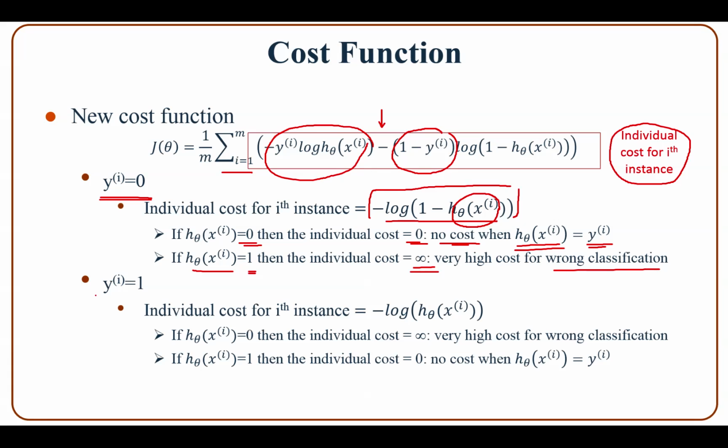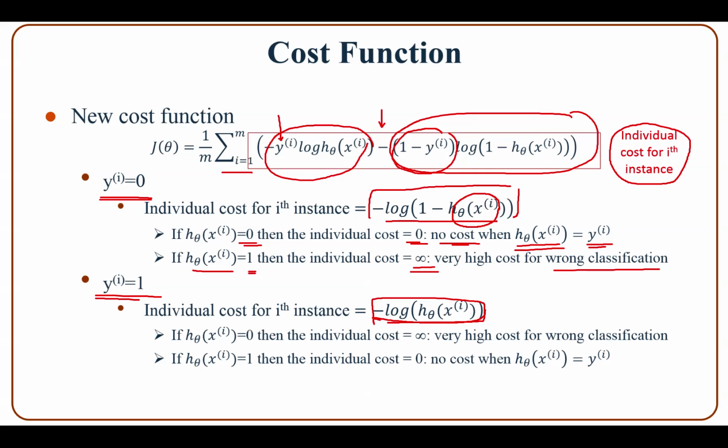On the other side, if yi is equal to 1, then the individual cost is just that, because this part is gone, and yi is equal to 1, right? So what you have left is just this.